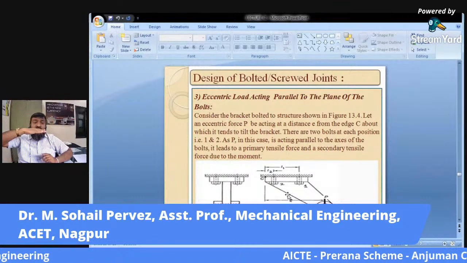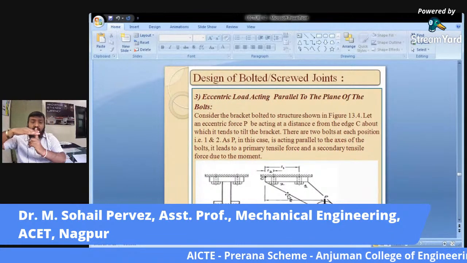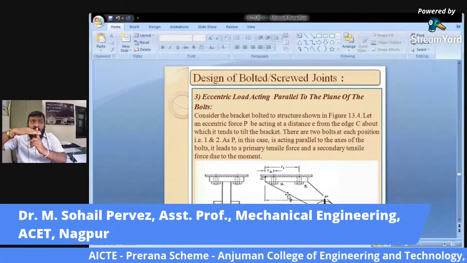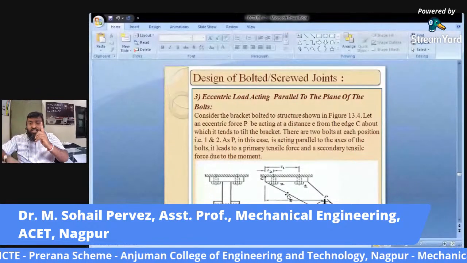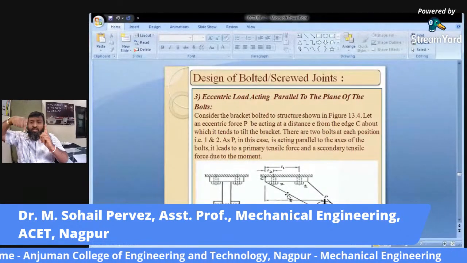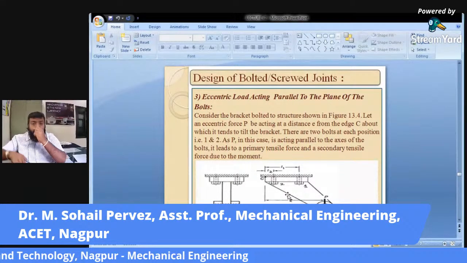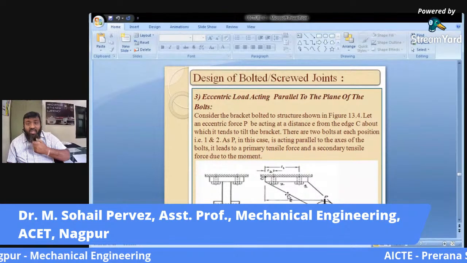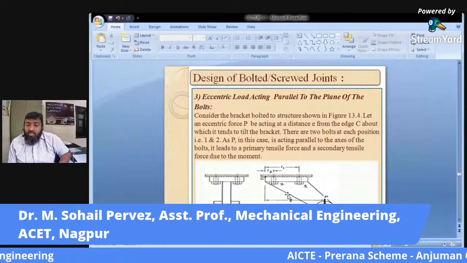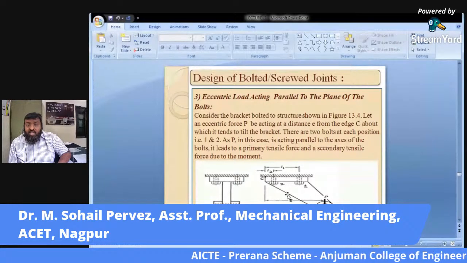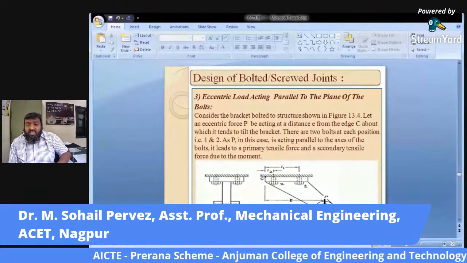The load is again applied in a downward direction, parallel to the axis of the bolts. That's why this is parallel to the plane of the bolts. Now in this case, again, one has to have a tilting edge.